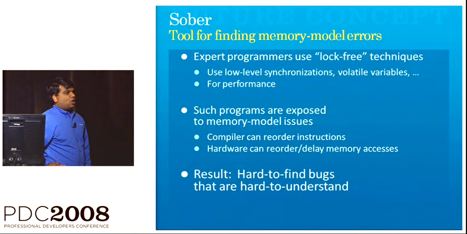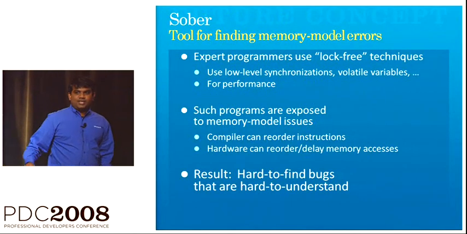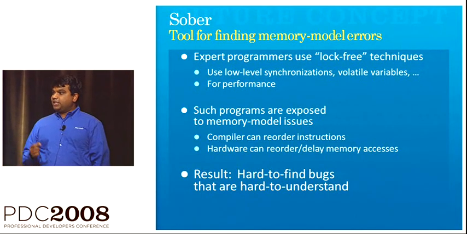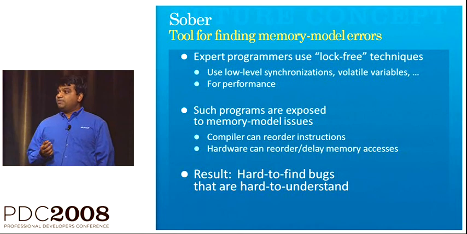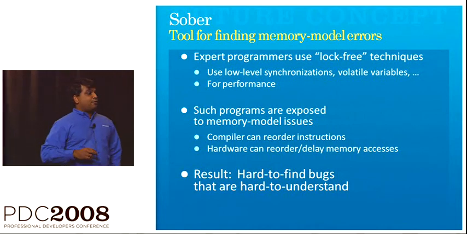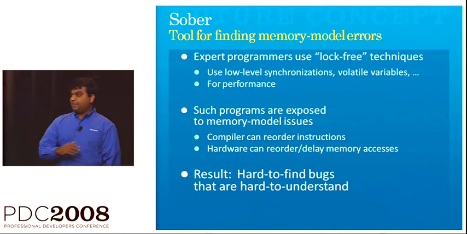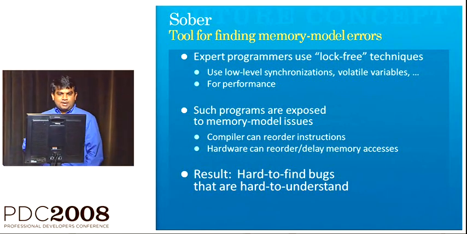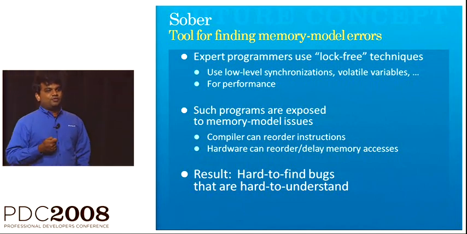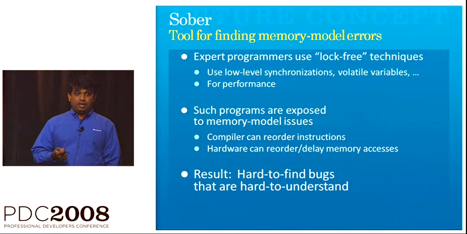And the second tool is called Sober. There's a saying which says that stupid programmers make stupid mistakes, and smart programmers make smart mistakes. And this is a tool meant for really, really smart programmers. What it's trying to do is find errors that show up because of memory models in your program.